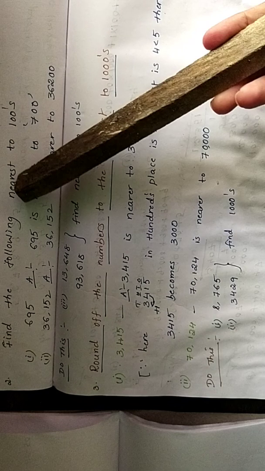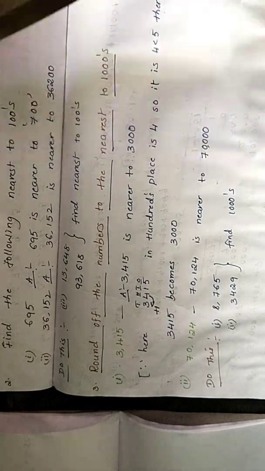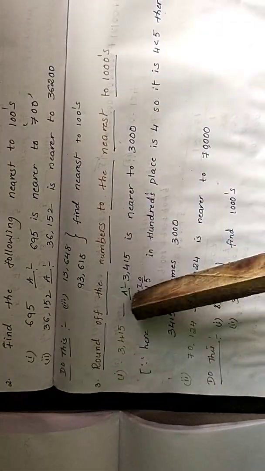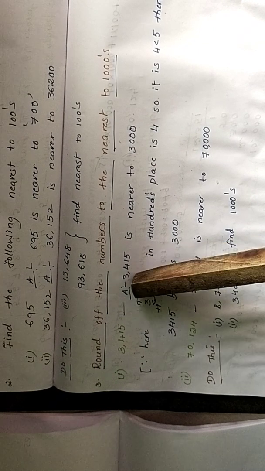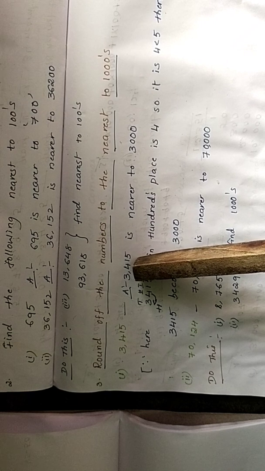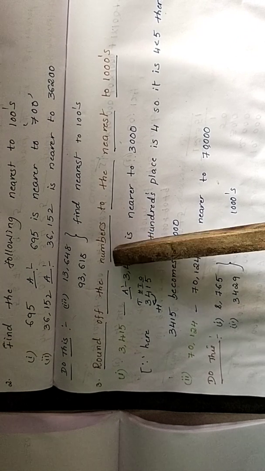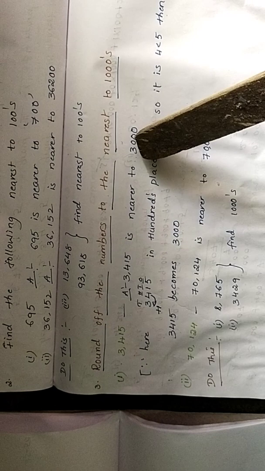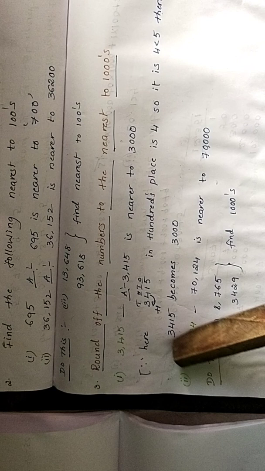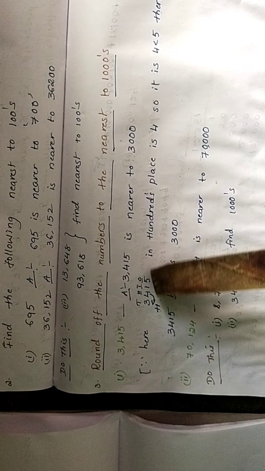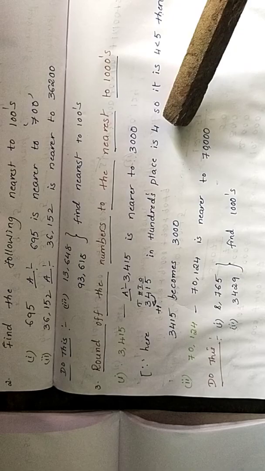Same as above, how to find the nearest tens, how to find the nearest thousands, like this same you have to do. 3000. Before that, you see what is the number here? 4. So 4 is less than 5. That's why you put zeros. That's why the number becomes 3000. Understood, children? Here I wrote the rule, because this is how 3000 came.